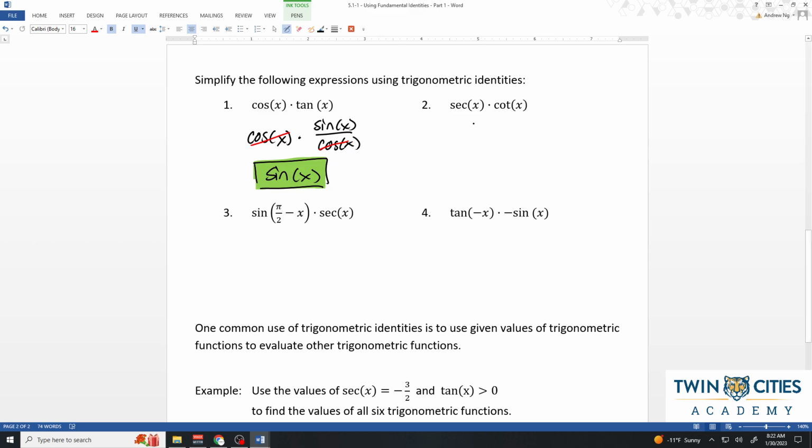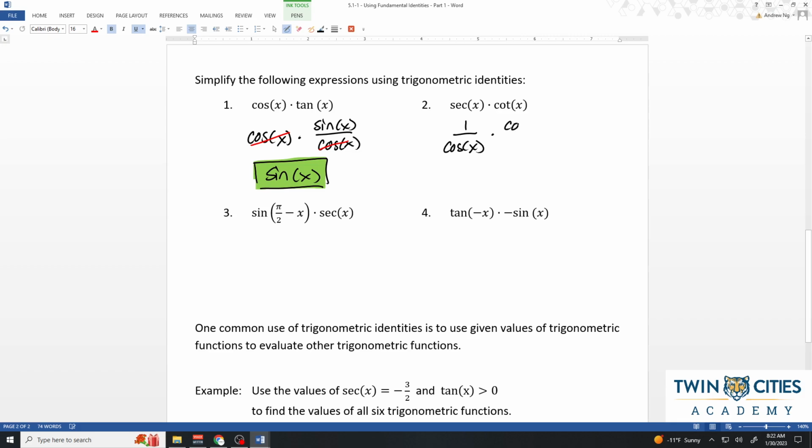Okay, what about secant of x times cotangent of x? Again, I want to see if I can change this to sines and cosines. If I can change this to sines and cosines, maybe things will divide out. So the secant of x is the same as 1 over cosine of x, since they are reciprocals of each other. So let's start there. This is 1 over cosine of x times cotangent of x, which we saw earlier is cosine over sine.